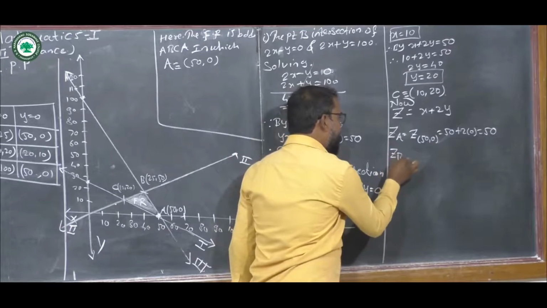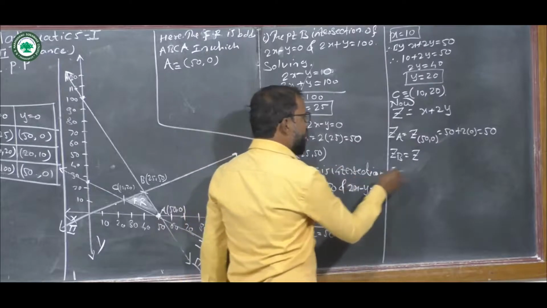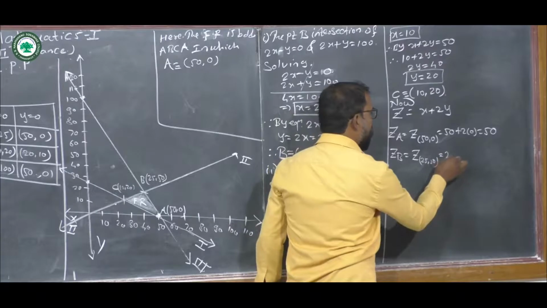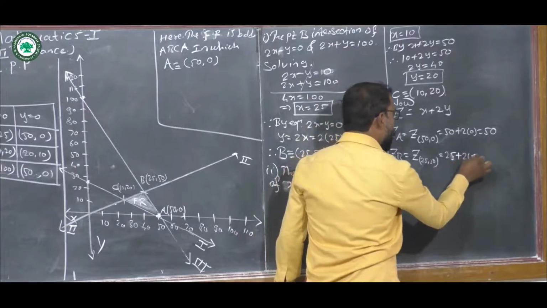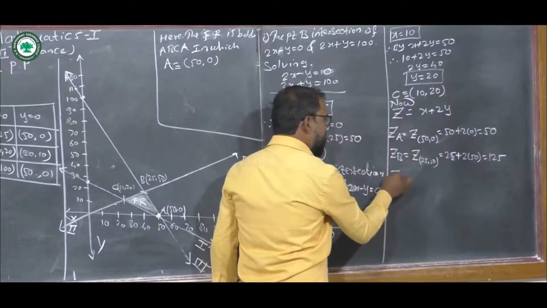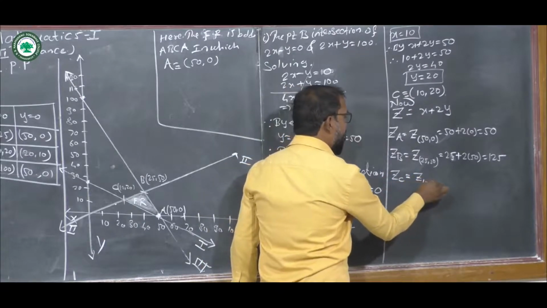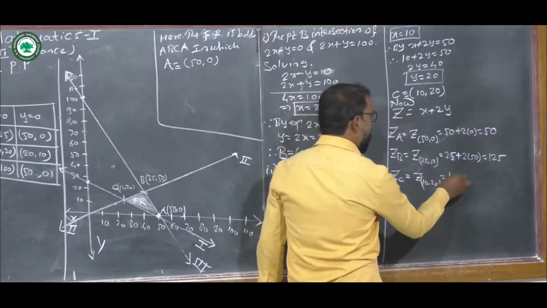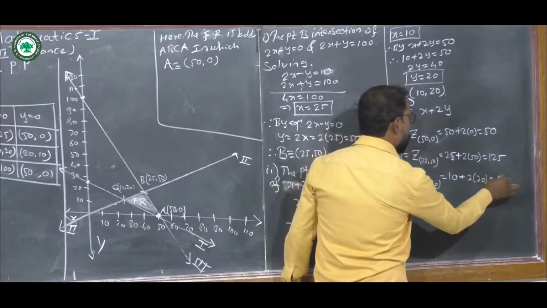Now z at B, the coordinates of B are 25, 50. So we get 25 plus 2 into 50, that gives 125. And lastly z at C, that is z at 10, 20, we get 10 plus 2 into 20, that becomes 50.